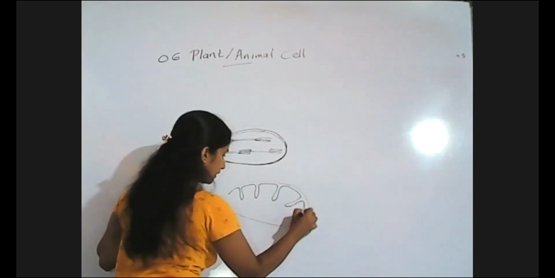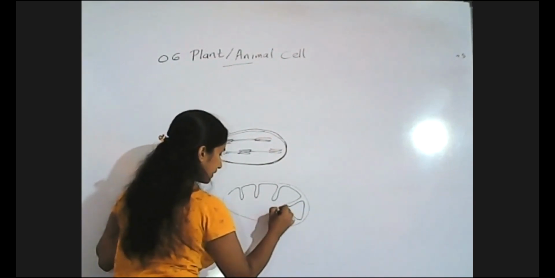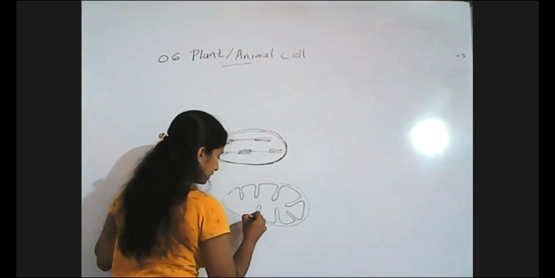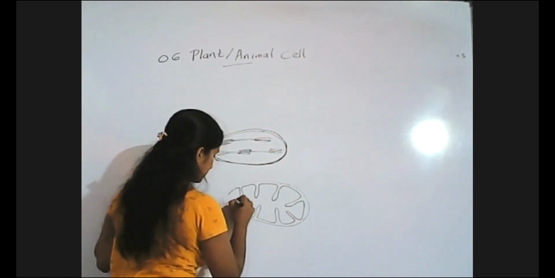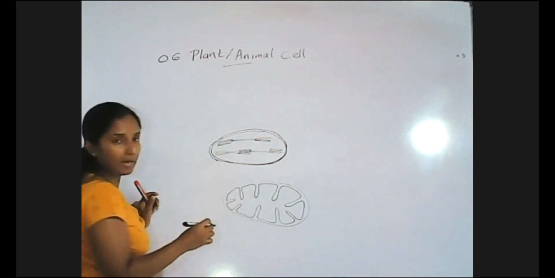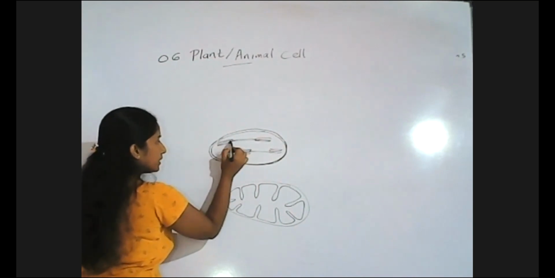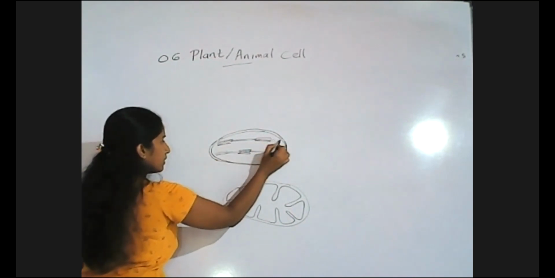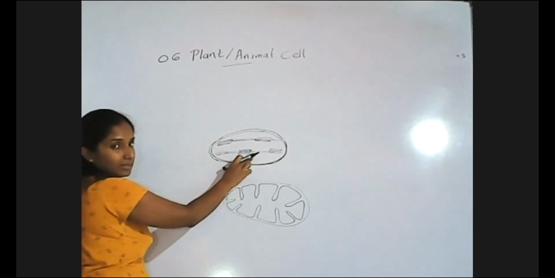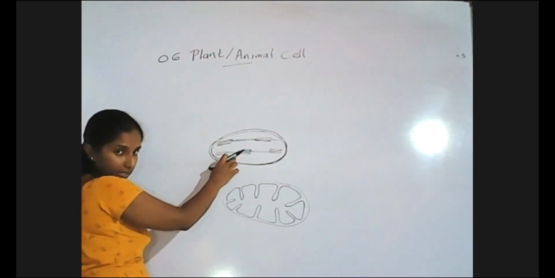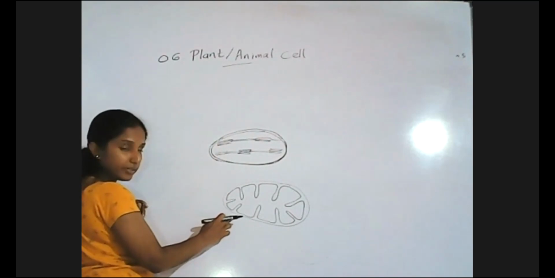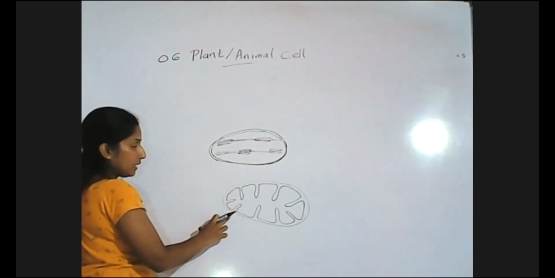In mitochondrion, the inner membrane is folded. But here in chloroplast, we can identify these sacs, right? In this way. This is the chloroplast, only found in the plant cells, and this is the mitochondrion, the powerhouse of the cell, right?